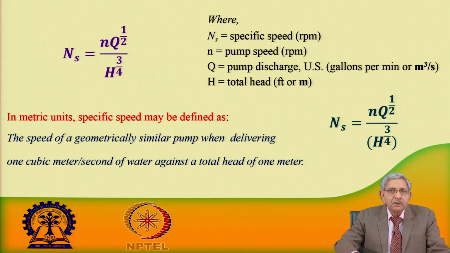The only thing is that discharge in FPS units is in gallons per minute, and in the metric system discharge Q is in meter cube per second, and head is expressed in feet in the FPS system, and in meters in the metric system.